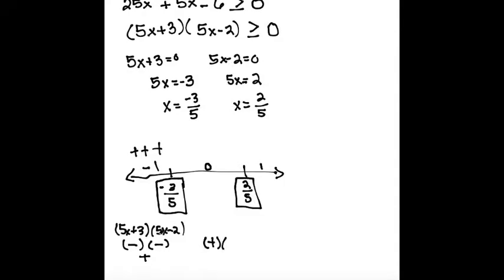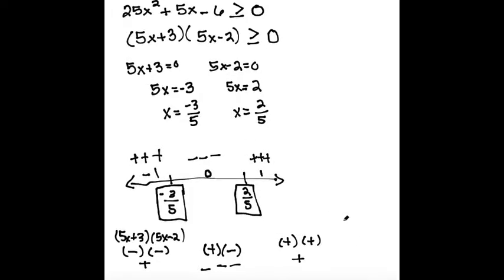When you put 0 into 5x minus 2, you get negative 2. A positive times a negative is a negative. The last part, we're going to take 1 and plug it in. When you plug 1 into 5x plus 3, you get a positive. And when you plug 1 into 5x minus 2, you also get a positive. A positive times a positive is a positive.